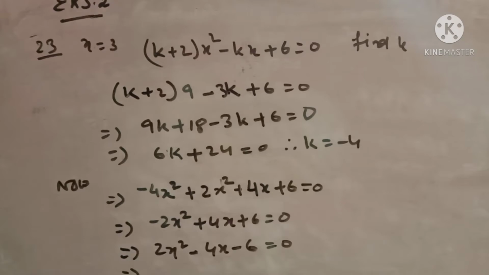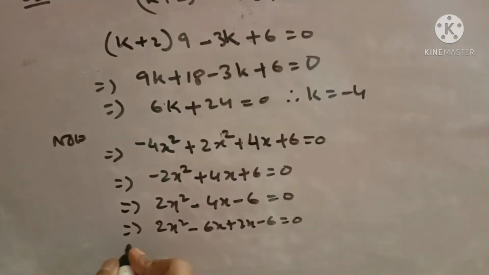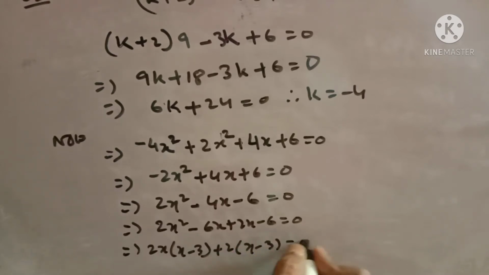Now do the middle term split. So 2 into 6, 12, minus 12x square. I can write this one 2x square minus 6x plus 2x minus 6. Now 2x taking as common, x minus 3, here I am taking plus 2 as common, x minus 3 equal to 0.